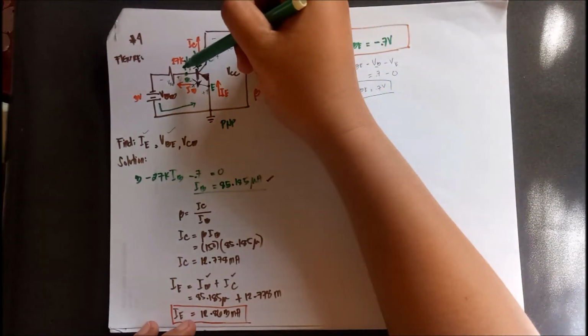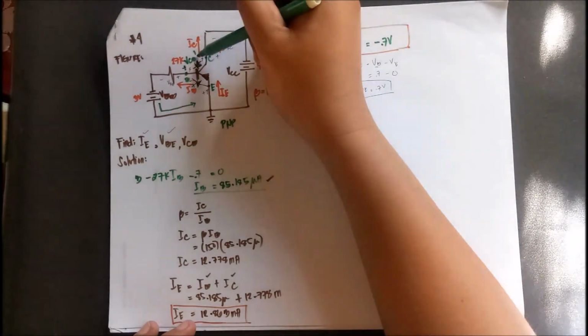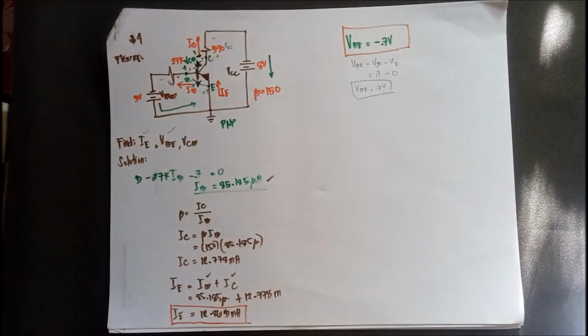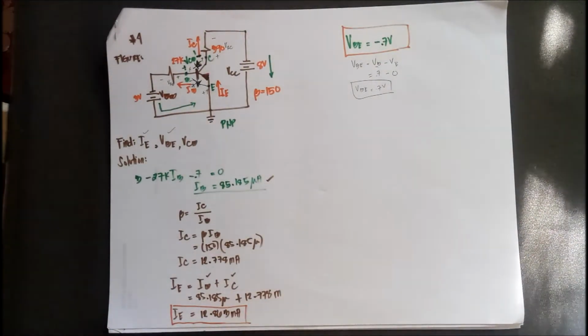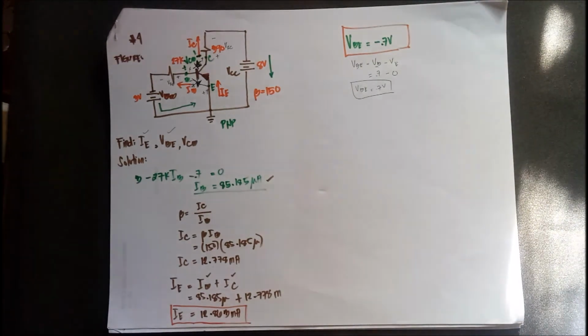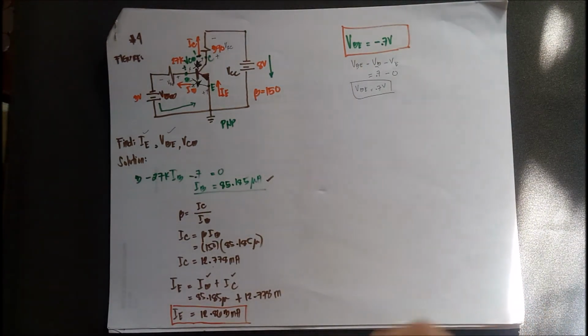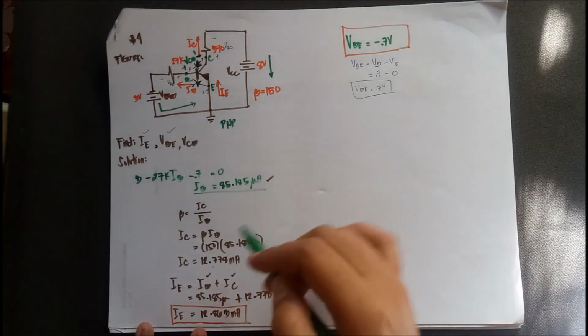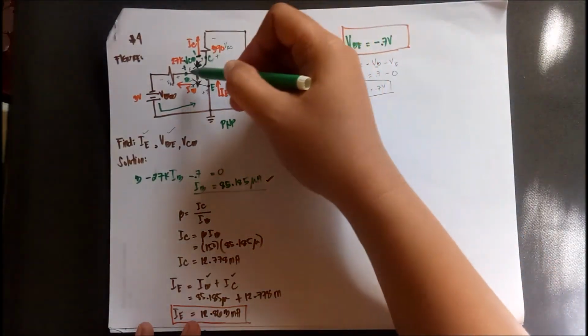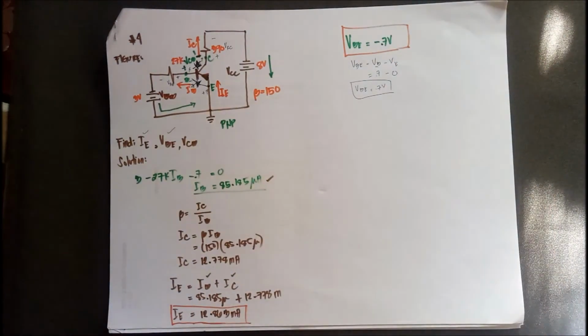So, andito na yung positive, andito si negative. Okay, for our VCB rather. So, next would be, solve na natin siya. So, how do you want to solve it? Since meron na tayong mga currents, pwede naman na mag-loop na tayo sa labas. Okay, so let's do that.